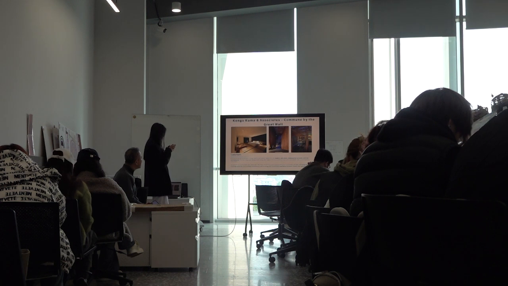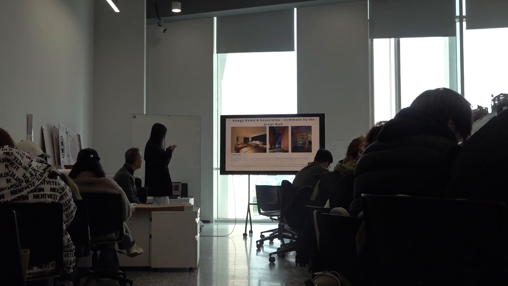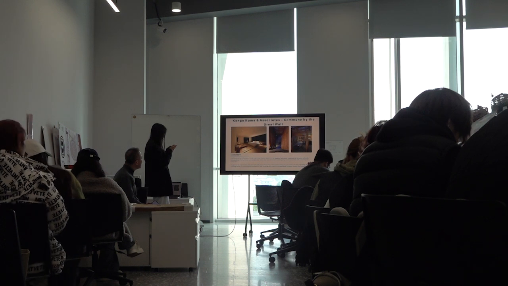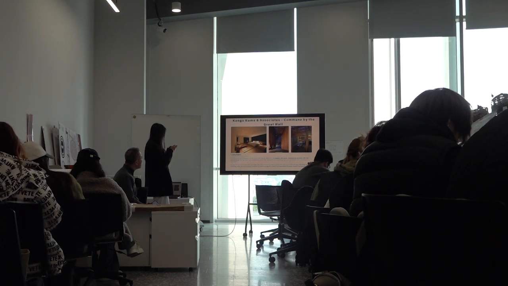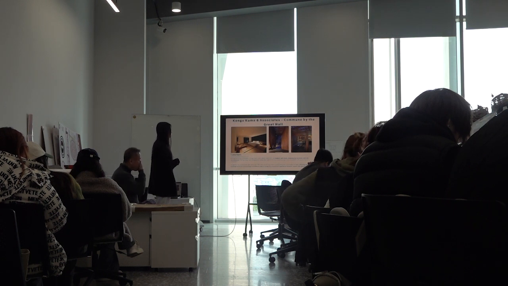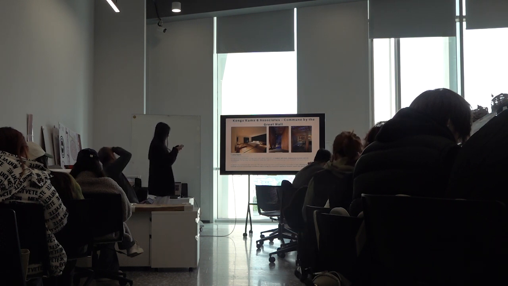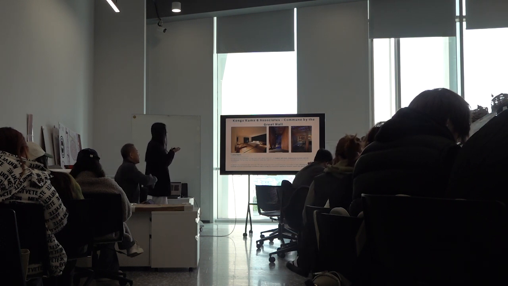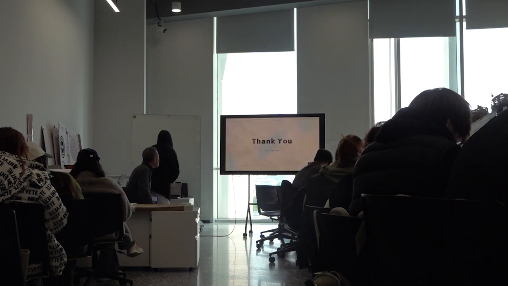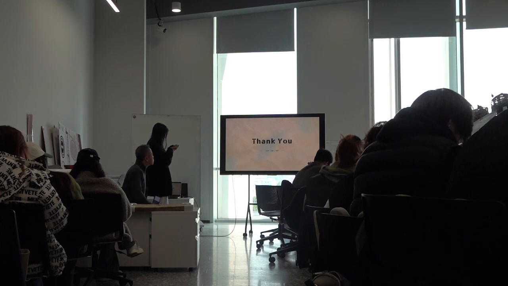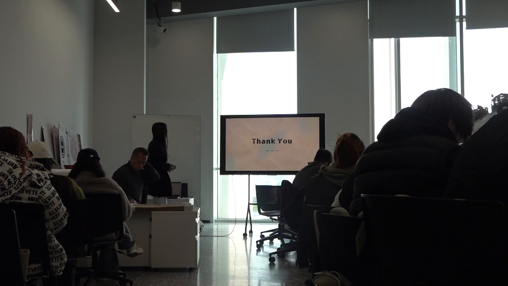And for Kengo Kuma's Great Wall project, by integrating natural materials and landscape, they created a harmonious relationship between the architecture and the environment. So its challenges are not obstacles, but opportunities for innovation. It is through these constraints that designers push boundaries and create extraordinary works.